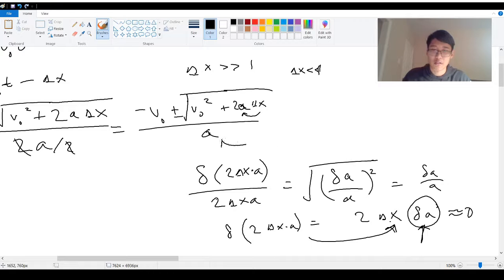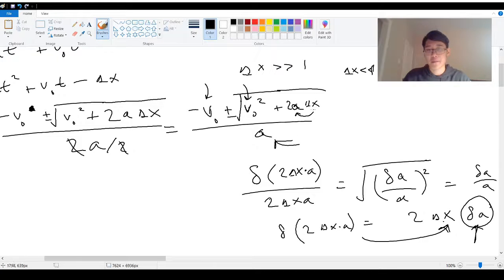Well, right here the uncertainty in A is going to have an impact, but we have to notice that since V naught is in this equation twice, the uncertainty in V naught is going to propagate more than the uncertainty in A. You can use the equations to convince yourself of this. Because V naught is here more, and there's more calculations based on V naught, the uncertainty in V naught is what dominates, given that this uncertainty is basically 0 since delta x is so small.